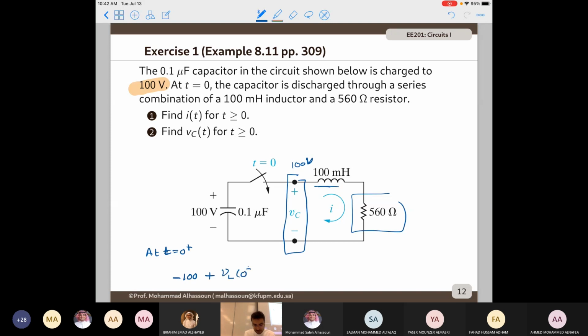Then you will have the voltage across the inductor, then the voltage across the resistor multiplied by the resistance. Since this current is 0, VL should be equal to V naught, which is 100 volts. Clear, guys?